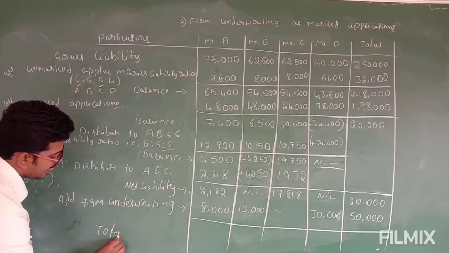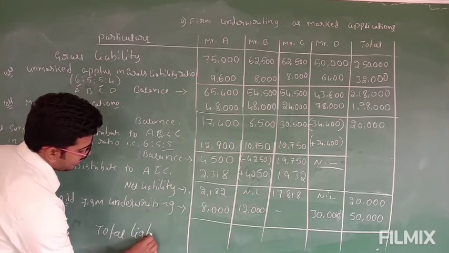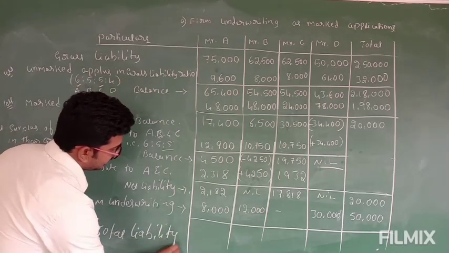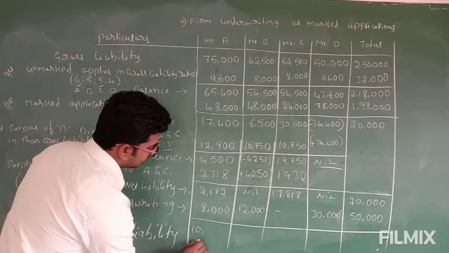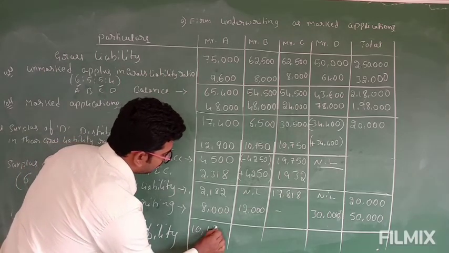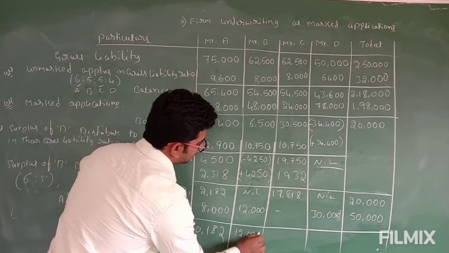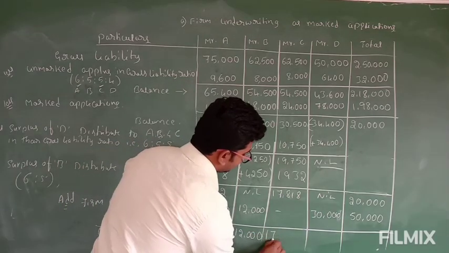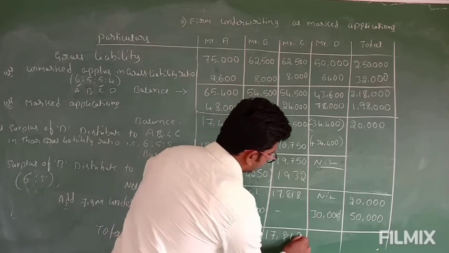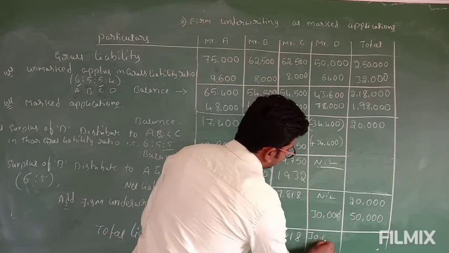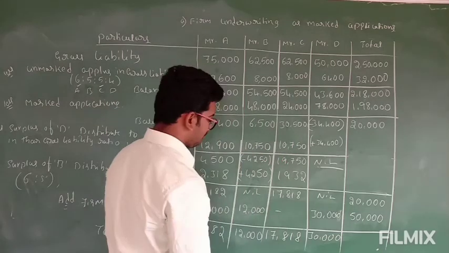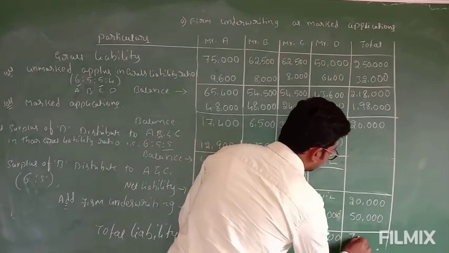Total liability: 10,182, 12,000, 17,818, 30,000. That should be equal to the total of 70,000.